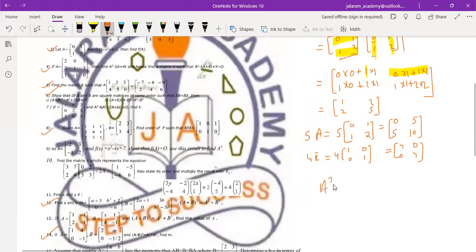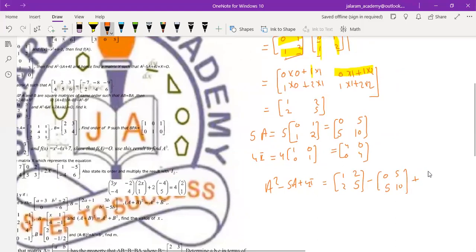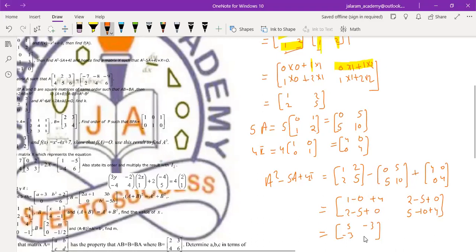Then we find A square minus 5A plus 4I. A square is 1, 2, 2, 5 minus 5A 0, 5, 5, 10 plus 4I 4, 0, 0, 4 equals to 1 minus 0 plus 4, 2 minus 5 plus 0, 2 minus 5 plus 0, 5 minus 10 plus 4 equals to 1 minus 0 is 1 plus 4, 5. 2 minus 5 is minus 3, 2 minus 5 is minus 3, 5 plus 4 minus 10 is minus 1.